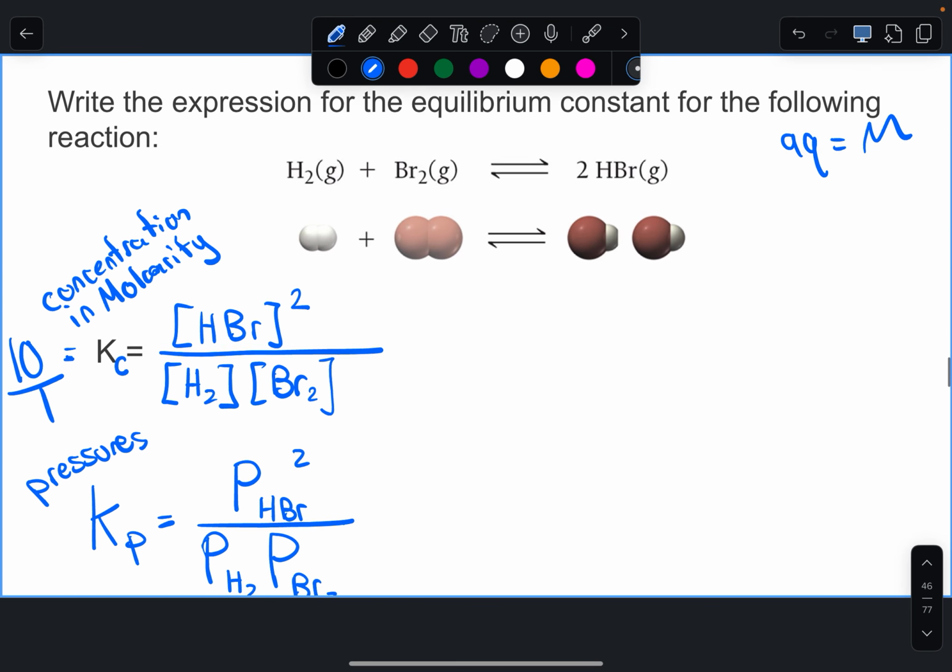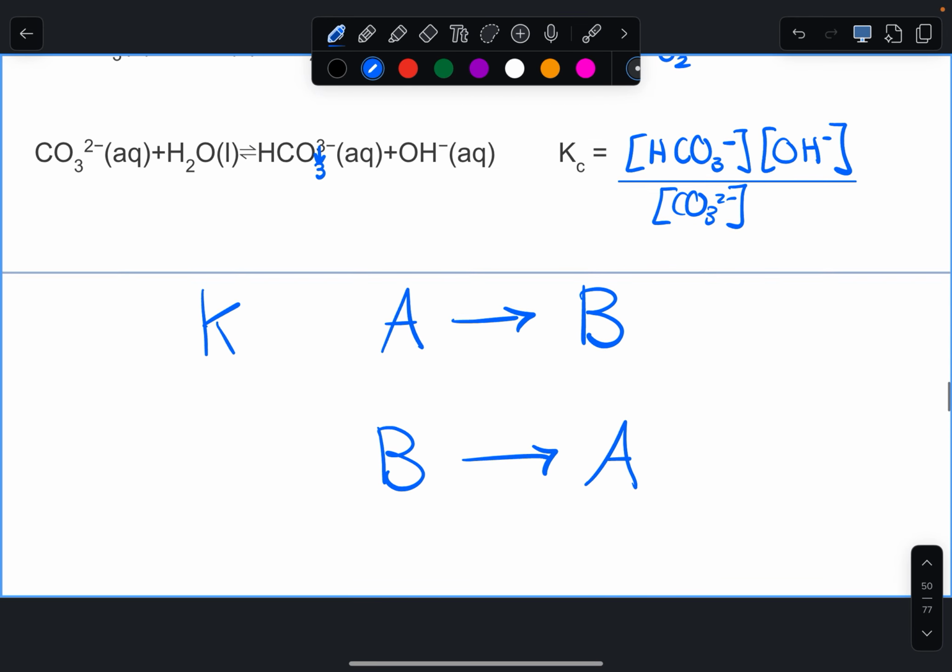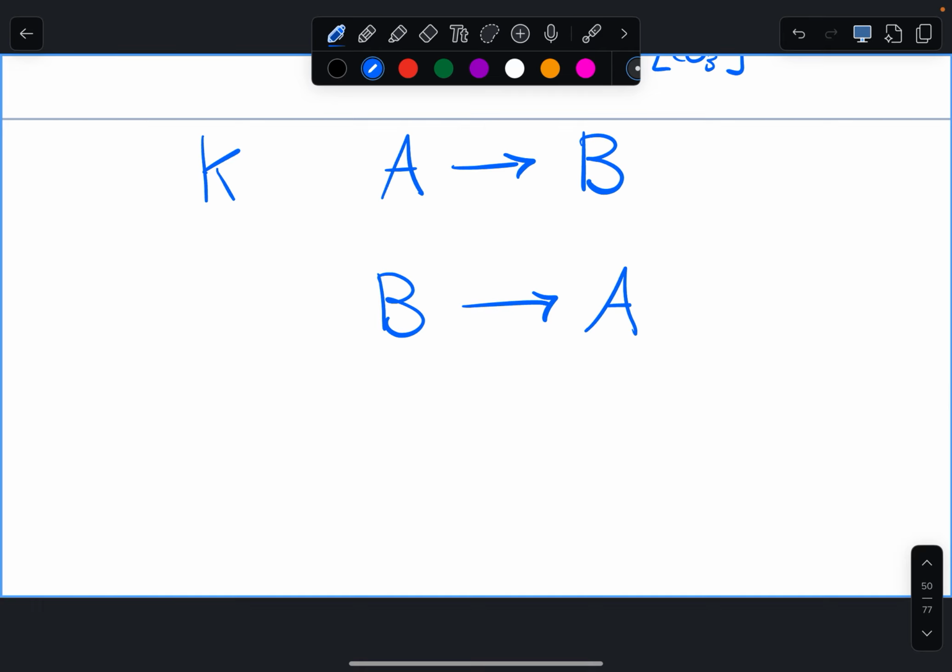Okay, so if I flip a reaction around, the new K is going to be 1 over K old. So if the first one was 10, the second one's going to be 1 over 10.